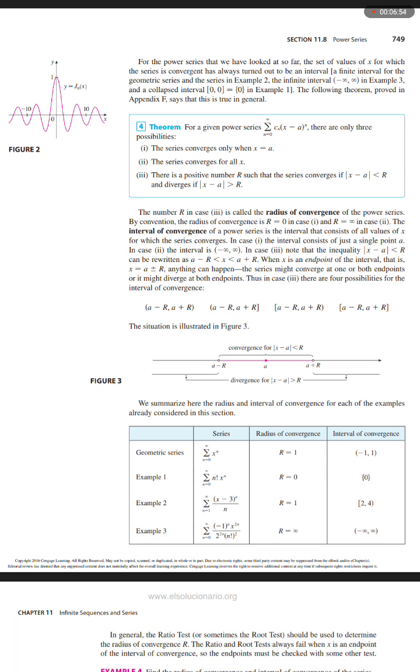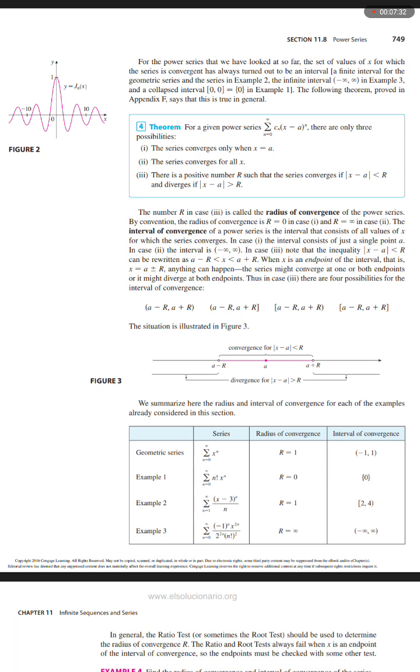(a minus R, a plus R). (a minus R, a plus R]. [a minus R, a plus R). [a minus R, a plus R]. The situation is illustrated in figure 3.